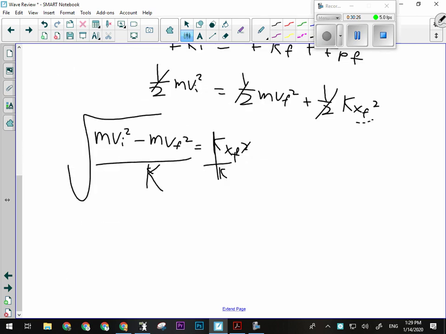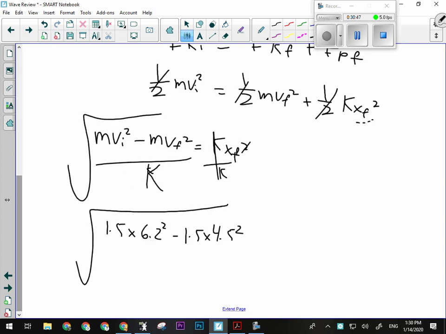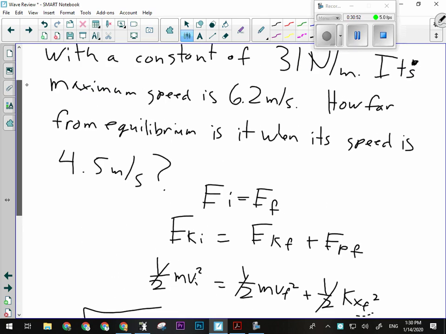That'll leave me with my final displacement. So we have a 1.5 kilogram object, and 6.2 is its maximum speed. So 6.2 squared minus 1.5 times 4.5 squared, divided by the spring constant, which was 31.